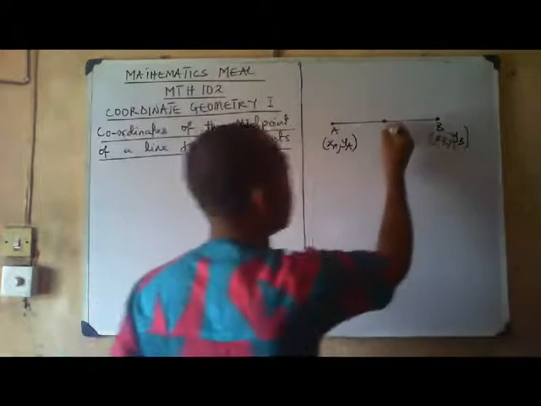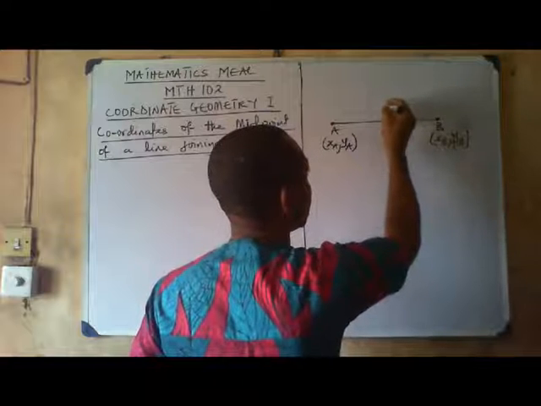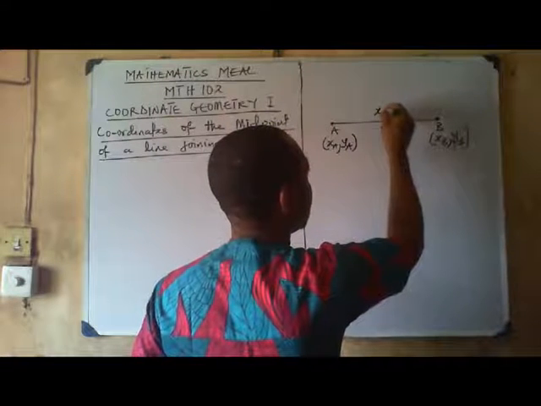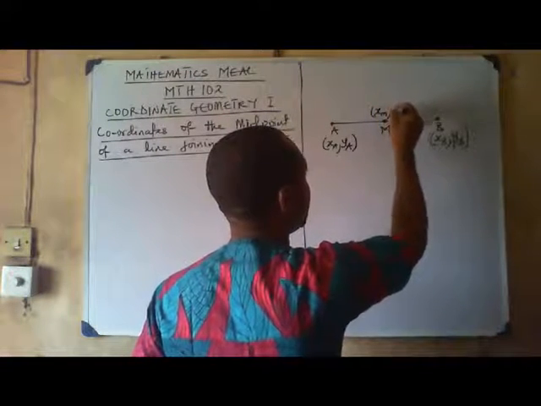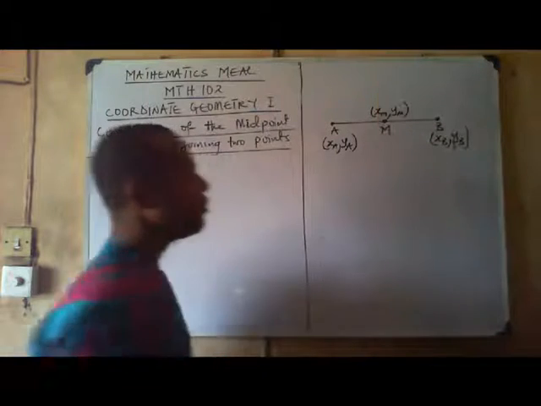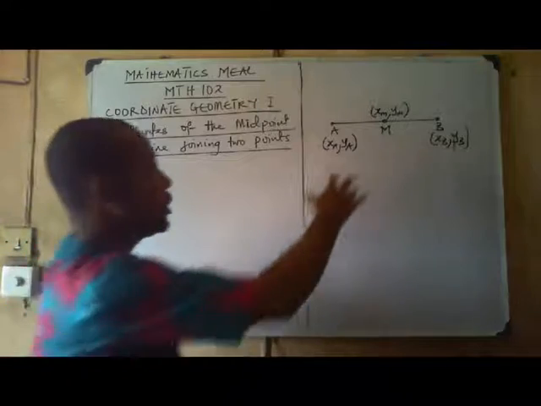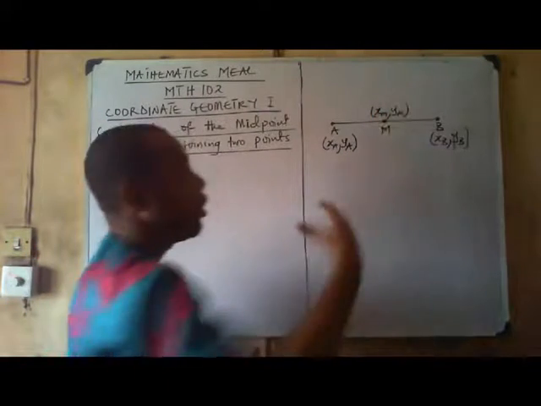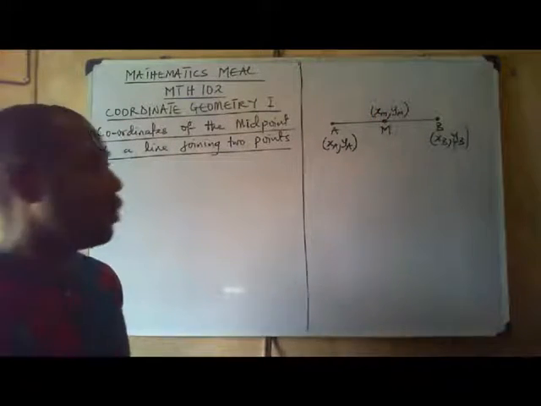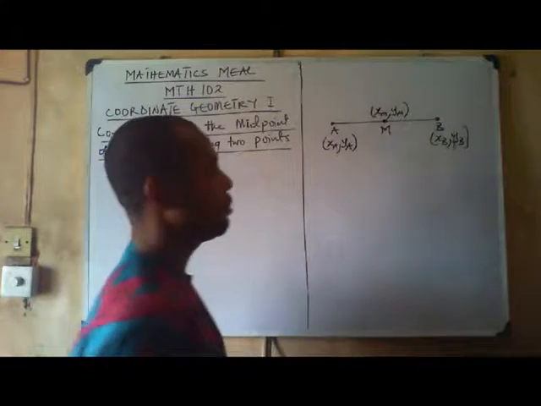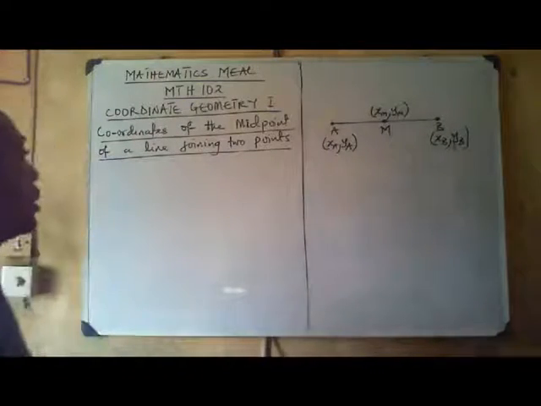So if the midpoint is M, we are supposed to have XM, coordinates of the midpoint, and YM. So what we want to look at in this video is how do we obtain the coordinates of the midpoint of a given line segment. So let's look at that.